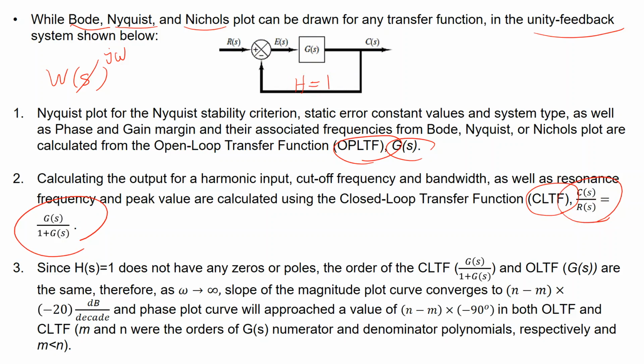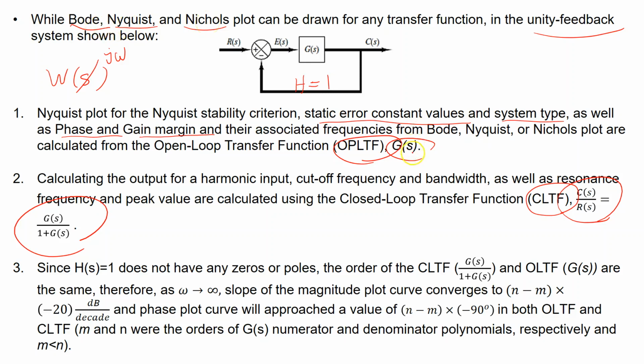Now the question is, which one do we use for analysis when we do, for example, static error constants, KV, KP, KA? When we want to find the type of the system, when we want to find the phase margin, gain margin, and their associated frequencies, we plot Bode, Nyquist, or Nichols for which one?